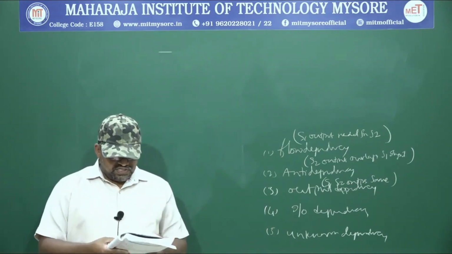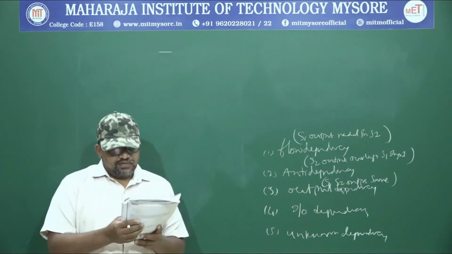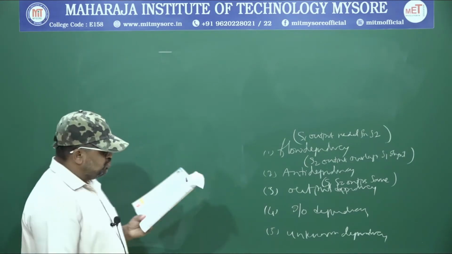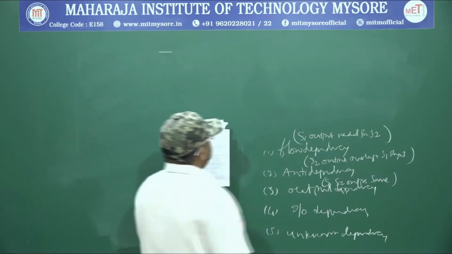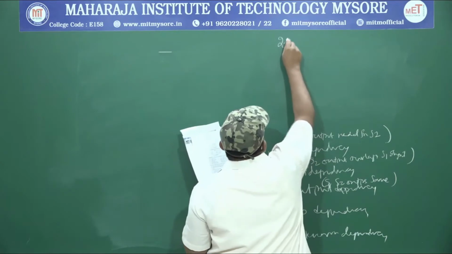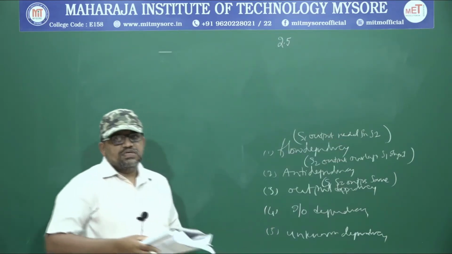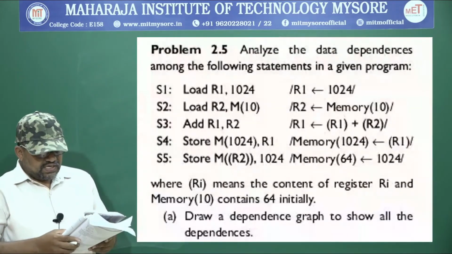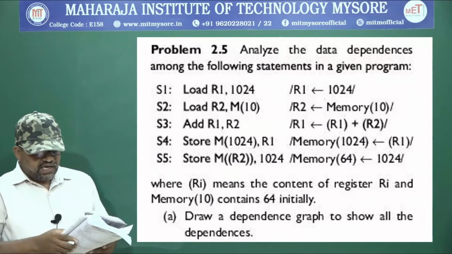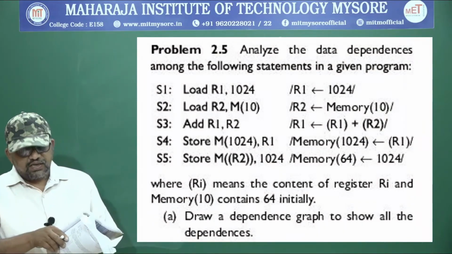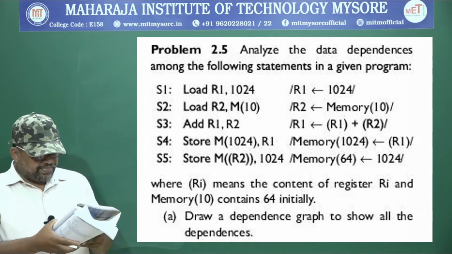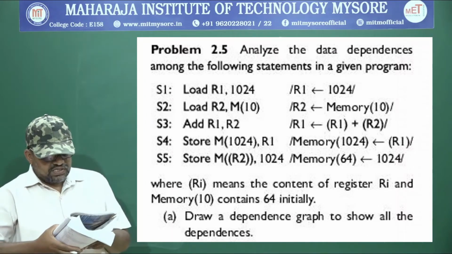Now, as I said, we will take up a small example. This is problem number 2.5. The question goes like this: analyze the data dependency among the following statements in a given program. He has given 5 statements.